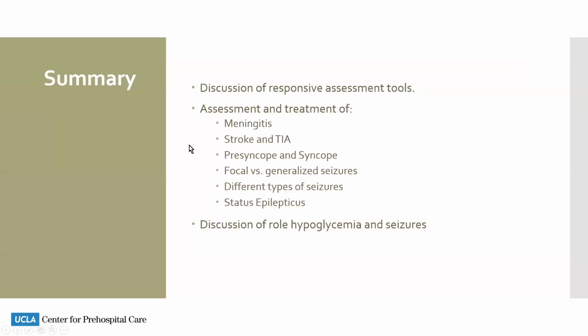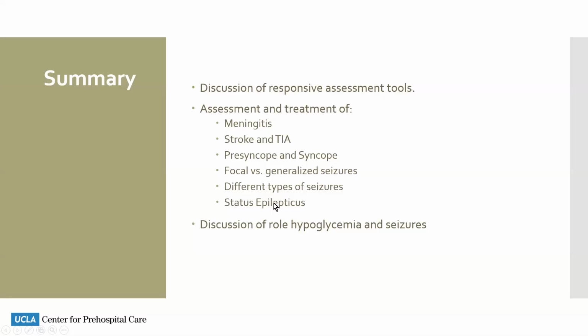So, in summary, then, we have talked about altered level of consciousness, how you're going to assess it. Then we've talked about some of the assessment and treatment of these altered patients: meningitis, different types, stroke and TIA, pre-syncope and then syncope, focal versus generalized, different kinds of seizures, and status epilepticus.